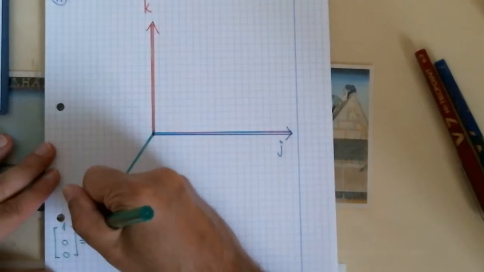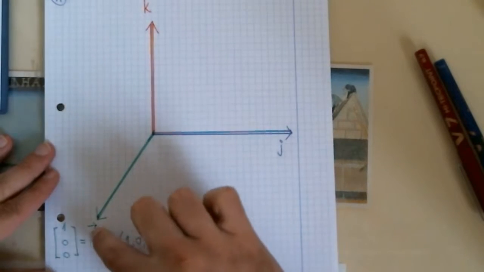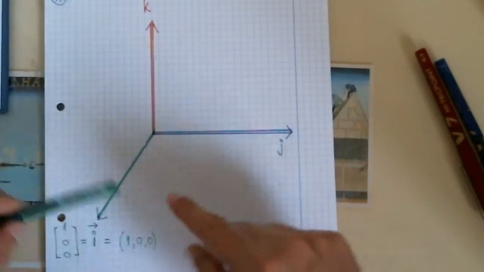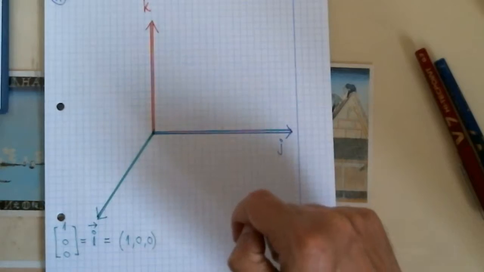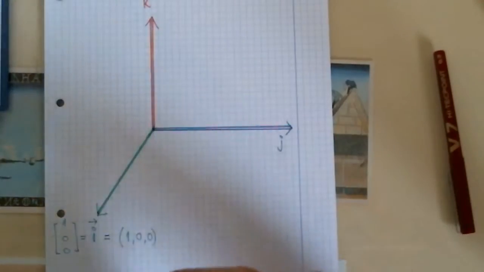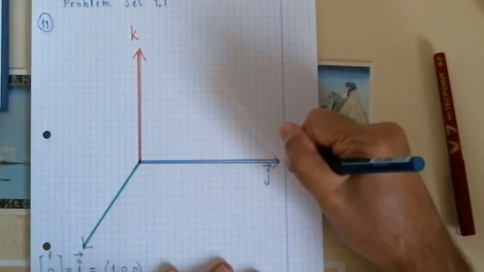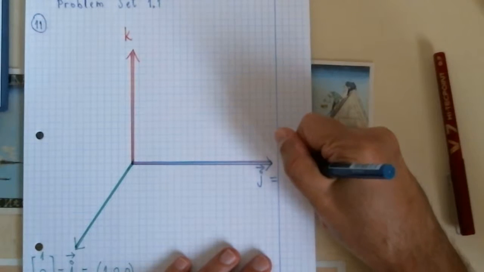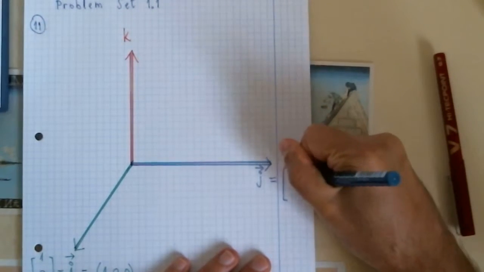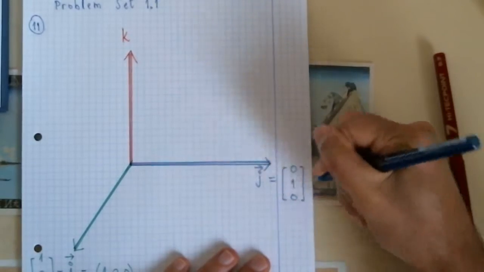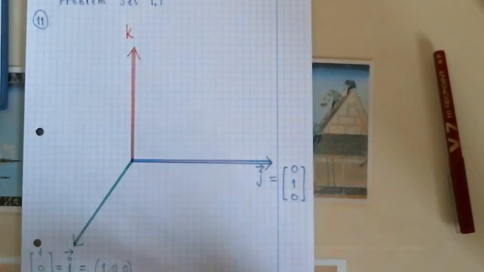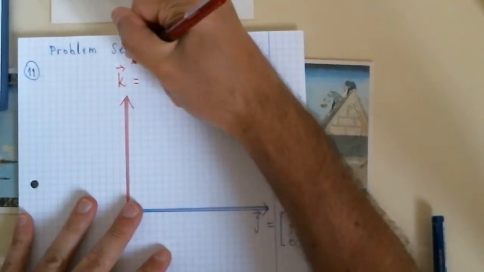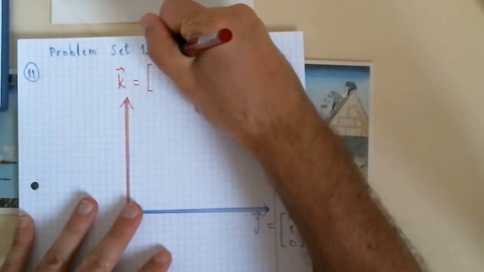We should not forget that it's a vector, so I'm making an arrow. In the book it's in bold; here I can't make bold, so I'm making an arrow above the vector. Also J is a vector: the vector J is 0, 1, 0. And the vector K is 0, 0, 1.